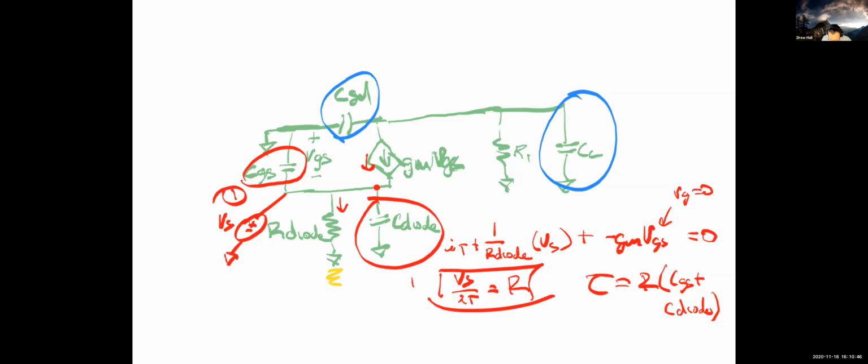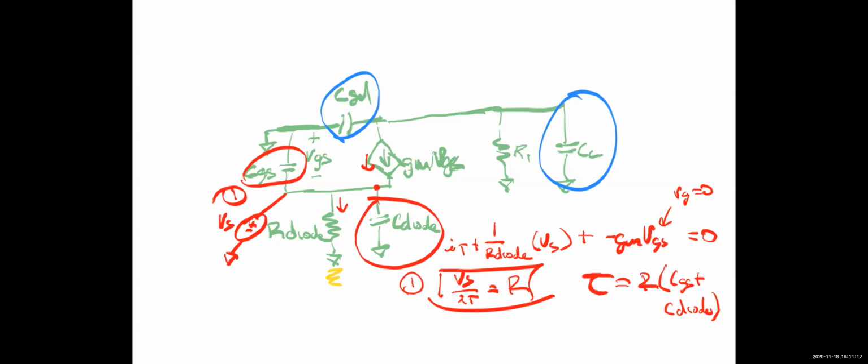All right, so that's this first time constant. Any questions about that one? Are you indicating R as R diode? I'm assuming. I'm a little lagging behind, so that might be, sorry, you might have already explained it. What is the question? R? R is VS over IT.